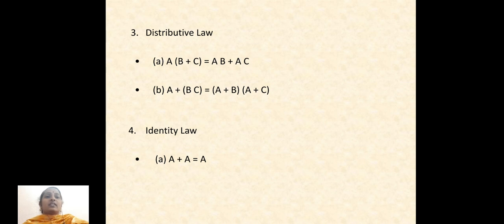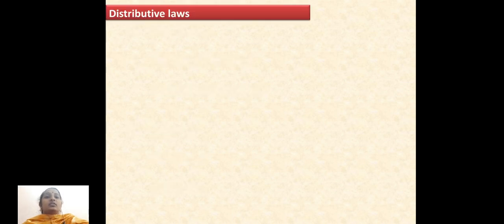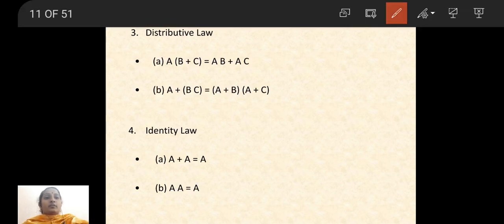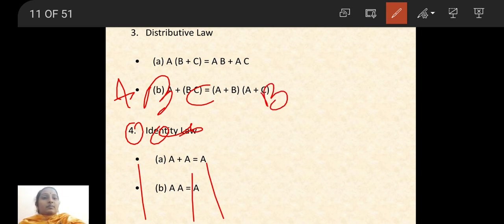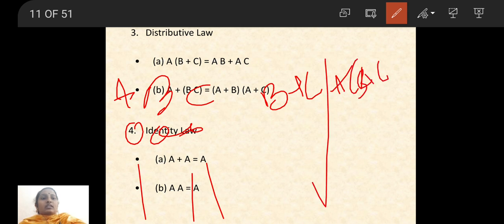You take 3 variables to prove this. Try this distributive law proof before seeing the slide. Take a, next b, next c. 3 variables a, b, c, 0, 0, 0. So you write all 8 combinations. Next you write first b plus c, next a into b plus c. You draw the table like this.